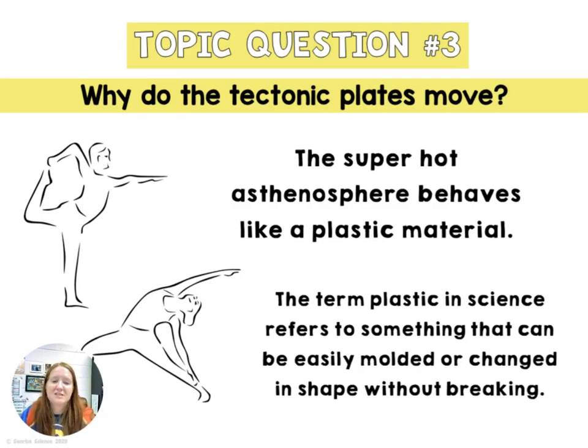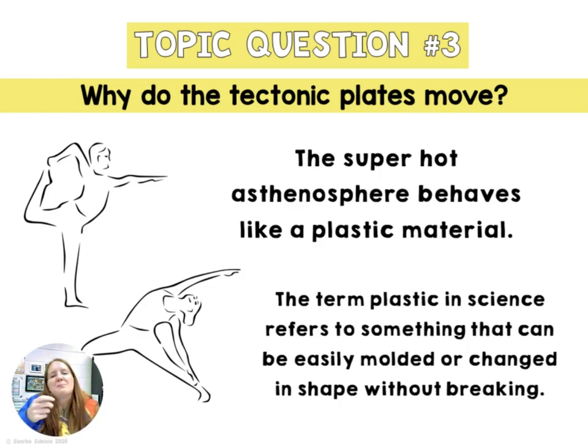So, moving on to topic question 3. Why do the tectonic plates move? Don't forget to fill that in. They move because the superhot asthenosphere behaves like a plastic material. The term plastic in science refers to something that can be easily molded or change shape without breaking.